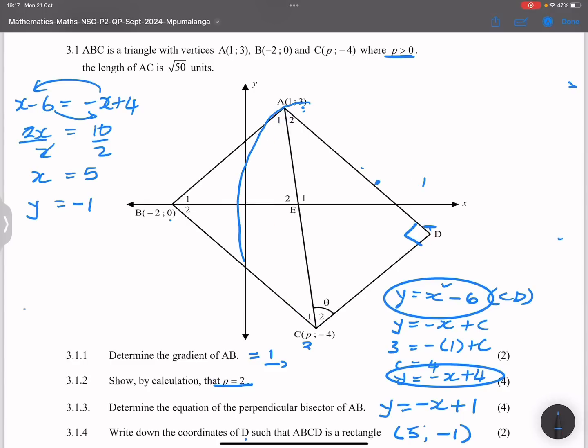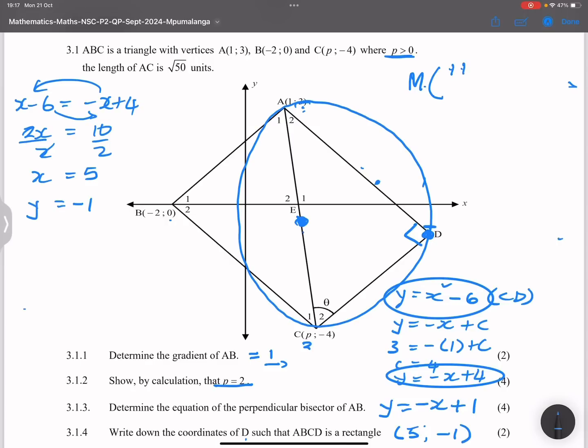And why is that? Because remember, the angle that is subtended by a diameter is equal to 90 degrees, right? So as a result, this means that I need to find the midpoint of AC. So the midpoint of AC would be the center of the circle, right? So that would be 1 plus 2 over 2 for the x value.